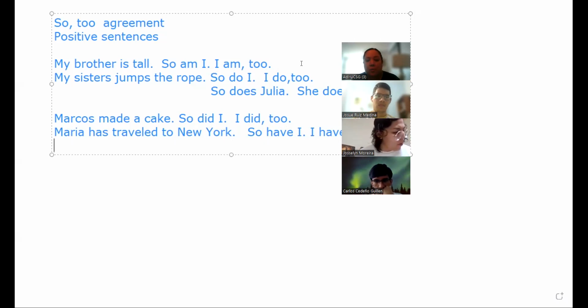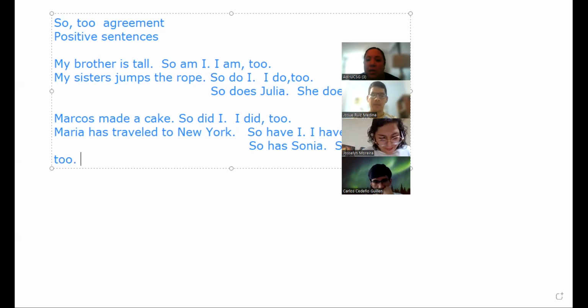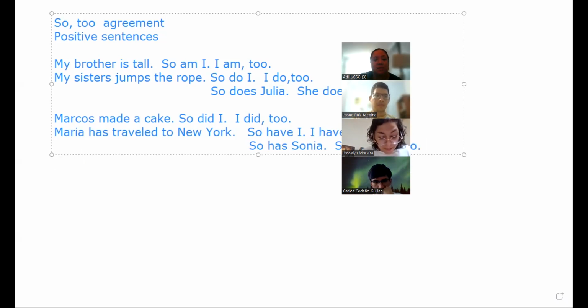If you want to say third person, remember third person. So, for example, so has Sonia, or Sonia has too. This is for agreement, remember, for positive sentence. If you have present progressive, if you have past progressive, you need to use the correct auxiliary.